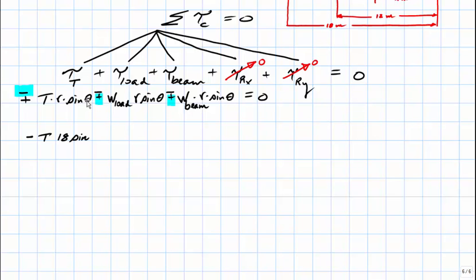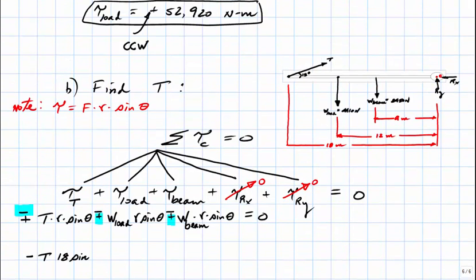We need to introduce the angle between the tension and that moment arm. As you can see, if I temporarily draw the moment arm, it would look like this. This red arrow represents the moment arm in relation to the tension.